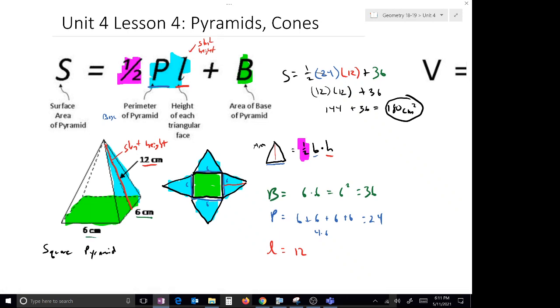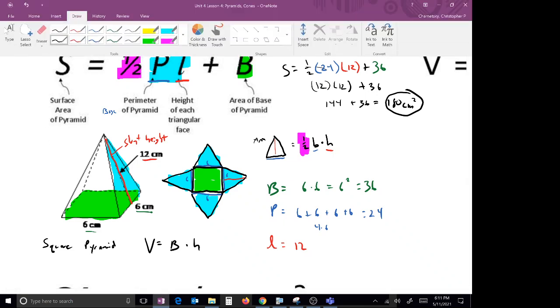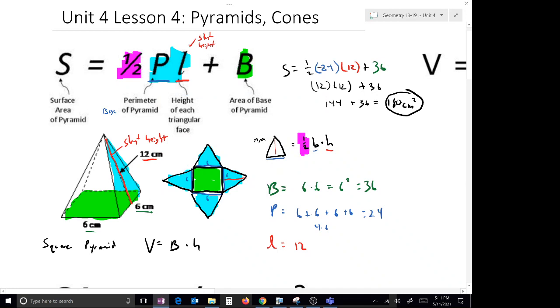Alright, well, let's calculate the volume of this guy. So volume equals B times H. Well, we already have the area of our base, so that's good. But now we need to find our height. And our height is actually different from our slant height. Our actual height, like I said, is if you were to fall straight down the middle of the pyramid.